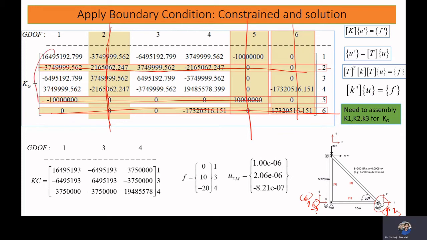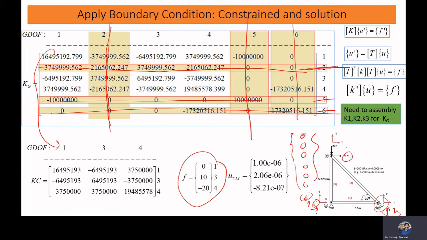Once you remove it, we can have this matrix like this. Since we also have to remove the force vector terms corresponding to the second, fifth, and sixth, initially our force vector looks like this: 0, 0, 0, 0, 0, 0, and then we should have a value of 10 and 20 at the third and fourth degrees. At the third degree we have a 10 value, and at the fourth degree we have a value of -20 because this direction is opposite in nature.